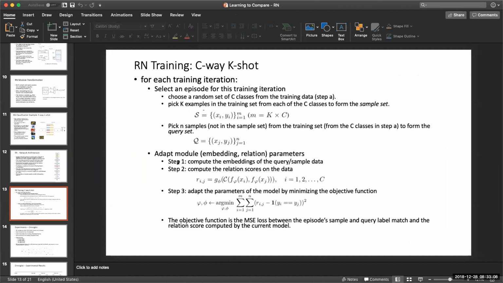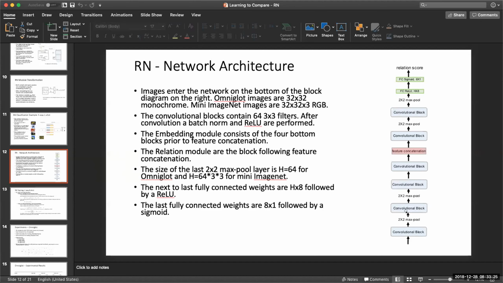The adaptation has several steps to it. The first thing is to compute the embeddings of all the data, which means taking all the images and running them through this first set of blocks.